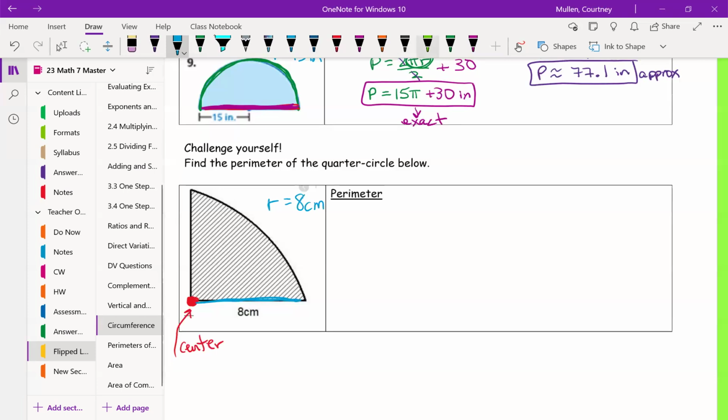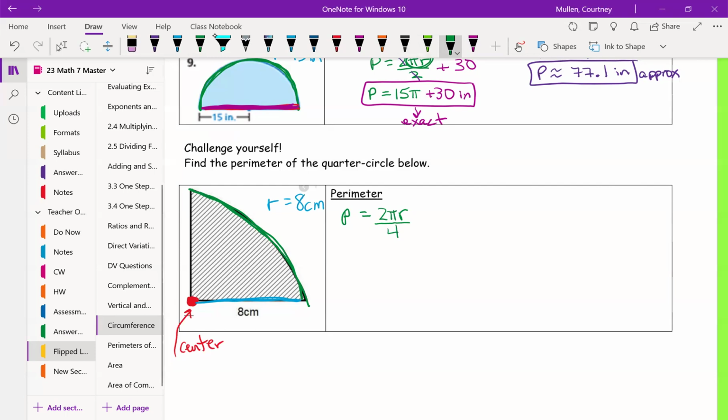So if we're working to find the perimeter, we know we first need the rounded portion. So P equals, since it gave us the radius, we'll use the radius circumference formula. But since this is a quarter circle, this time instead of dividing by 2, what do you think we should divide by? Did you say 4?